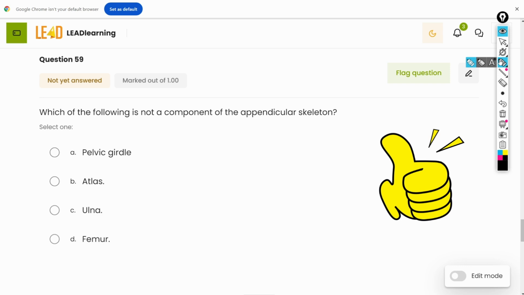Question 59. Which of the following is not a component of the appendicular skeleton? The human or vertebrate skeleton is divided into two parts: the axial skeleton and the appendicular skeleton.